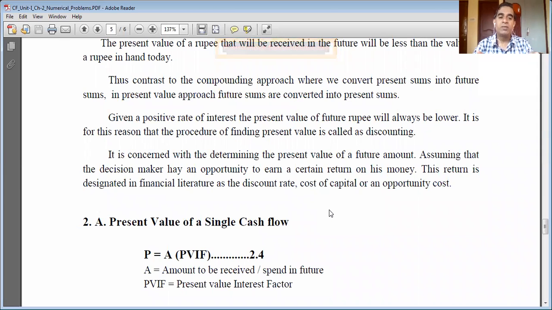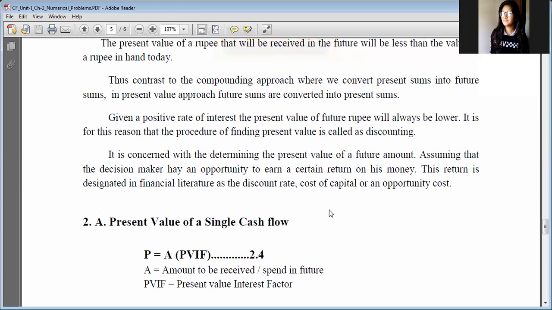If I am investing 5 lakh rupees today and assume that the life of the machine is 10 years, and we estimate that the machine is going to generate a revenue of, let us say, 60,000 rupees per year, so every year 60,000 rupees, then for 10 years it will be 6 lakh rupees.